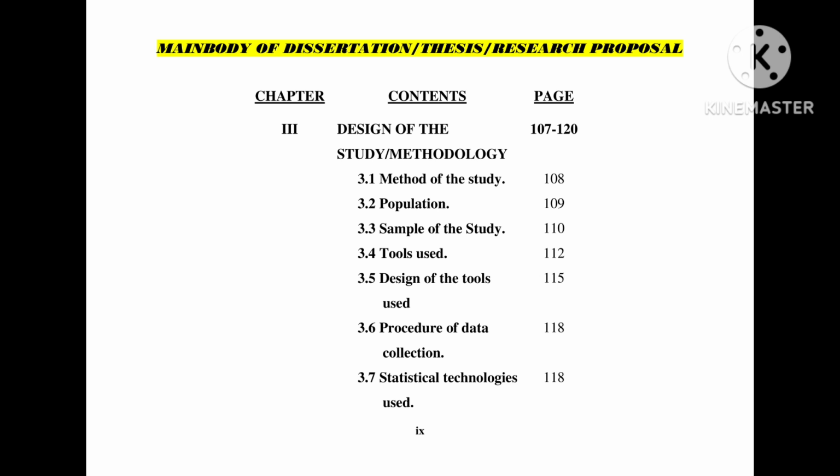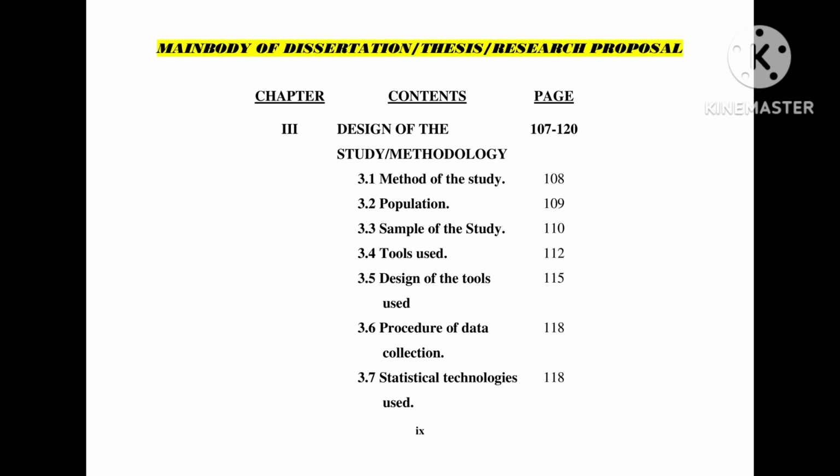Under the third chapter there are some important subpoints like 3.1 method of the study, 3.2 population, 3.3 sample of the study, 3.4 tools used, 3.5 design of the tools used, 3.6 procedure of data collection, and 3.7 statistical techniques used.